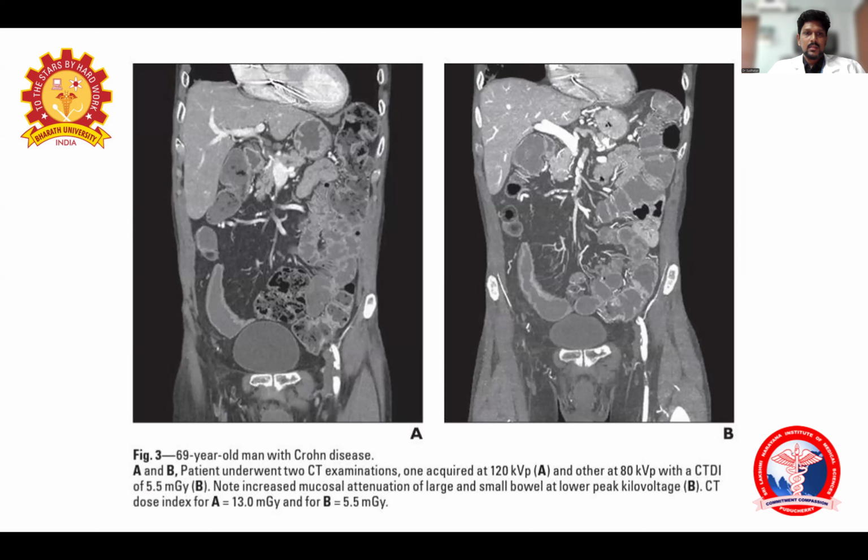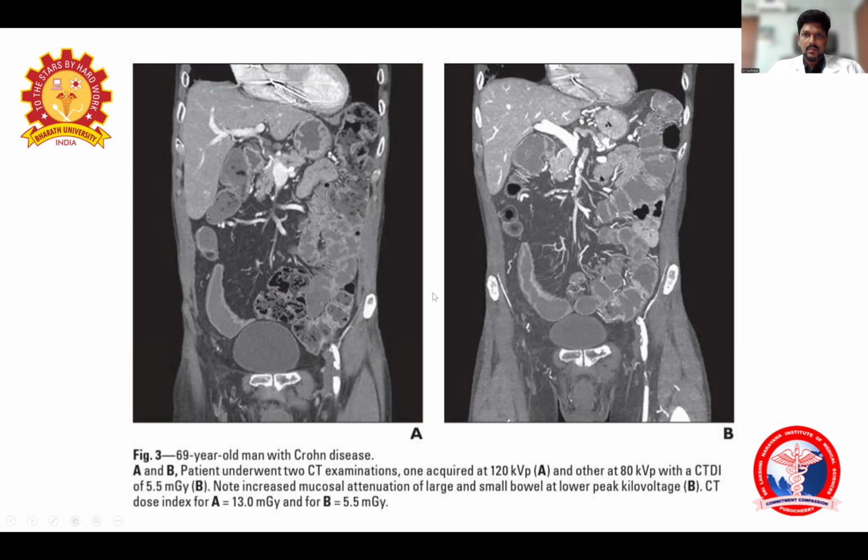As you could see in this, there are two images A and B. Both are of CECT abdomen of the same patient. The first study is done using 120 kVp and the second study is done using an 80 kVp protocol. As you could see, the mucosal enhancement of the bowel wall is seen clearly.